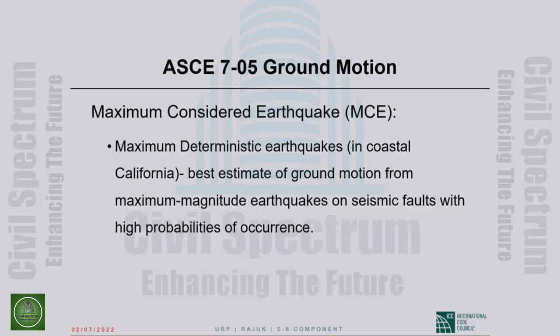In other words, in coastal California, the maximum considered earthquake is the largest earthquake that can be delivered by the known seismic sources. As simple as that. Okay? This is also called the deterministic earthquake.